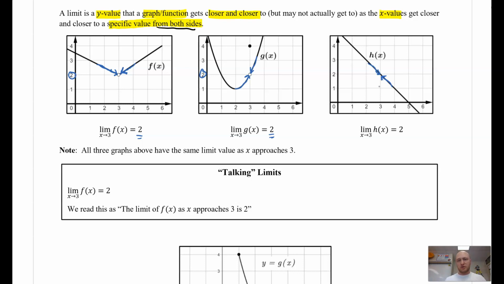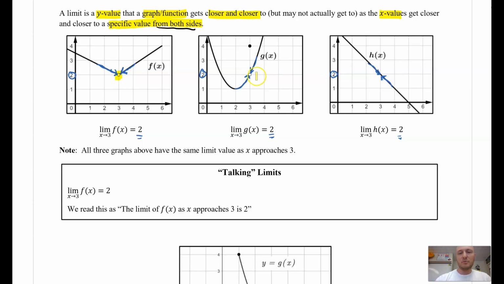they're both approaching 2. Notice all of these have a limit of 2, but they're different in each of these cases. In the first example, we're coming to a point right at 3, and I also have a hole there. There's a discontinuity. No problem. The limit from the left and the limit from the right are equal to each other, so therefore the limit is 2.